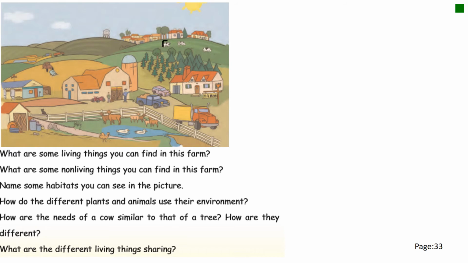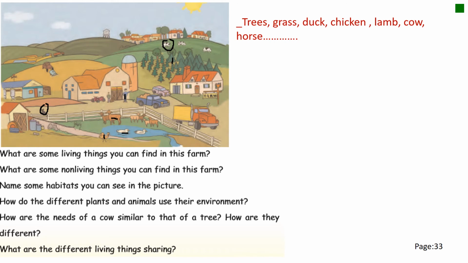For example, we have cow, trees, man, sheep, duck, chicken, and also a dog. So all of these are living things. You can write trees, grass, duck, chicken, lamb, cow, horse. All these are living things.